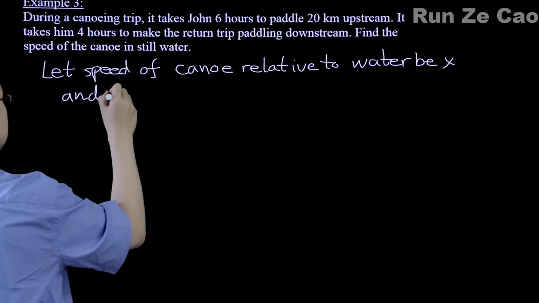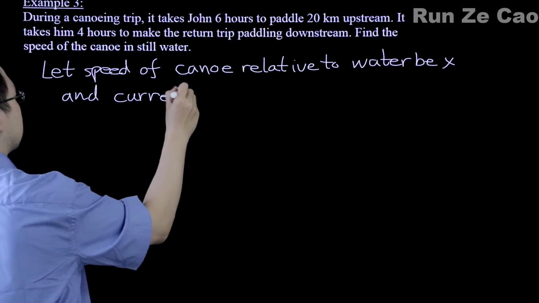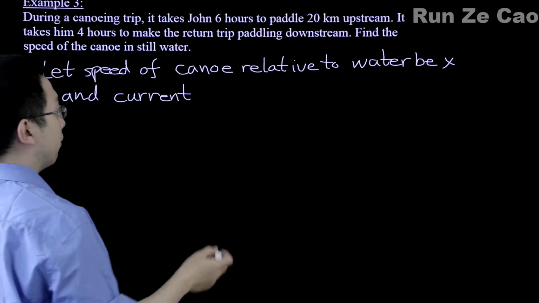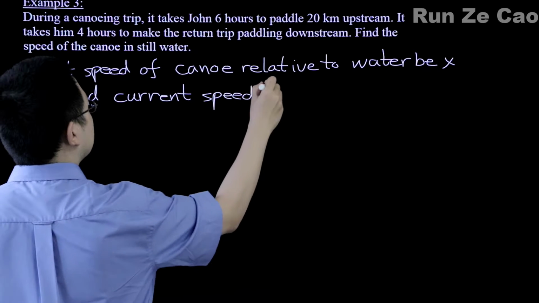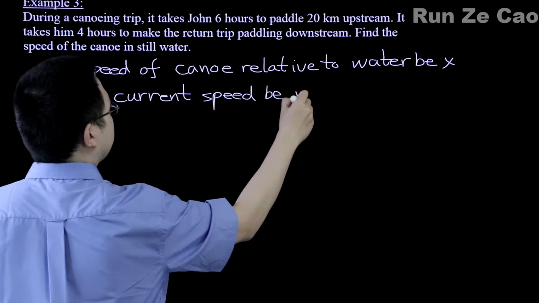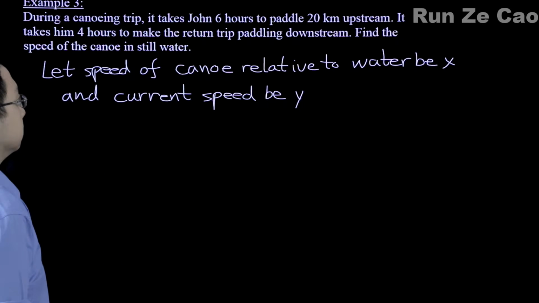And current, because that's just what we use to describe the flow of the water. Current speed be y. Find the speed of the canoe in still water.